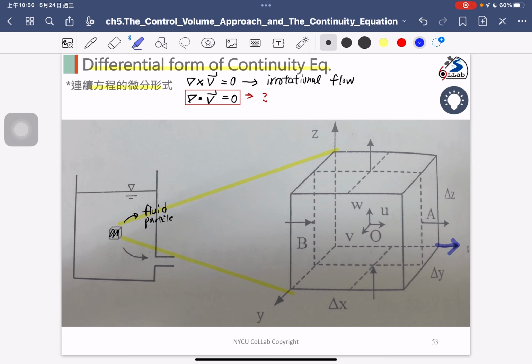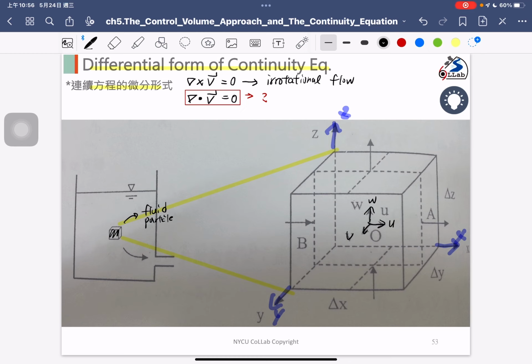To the right is the x, here is the y, and the top is the z direction. So we know that the velocity here has the u velocity along x and the v velocity along the y, and here is the w velocity going up. It's the fluid velocity along the z direction.